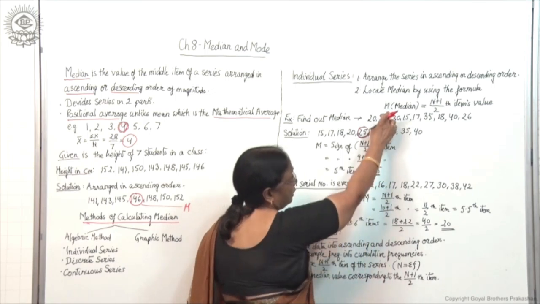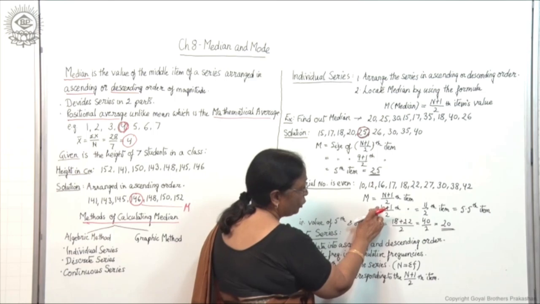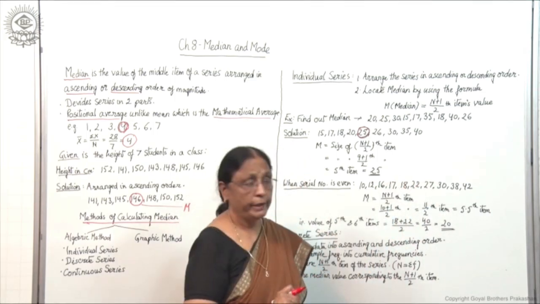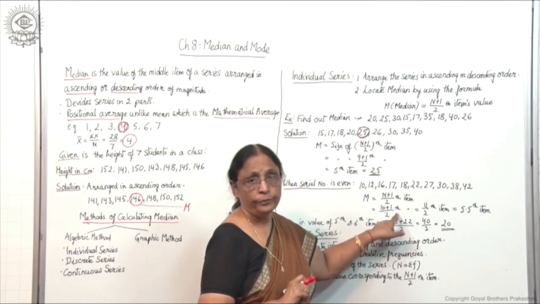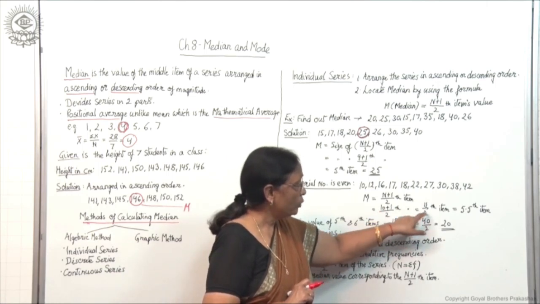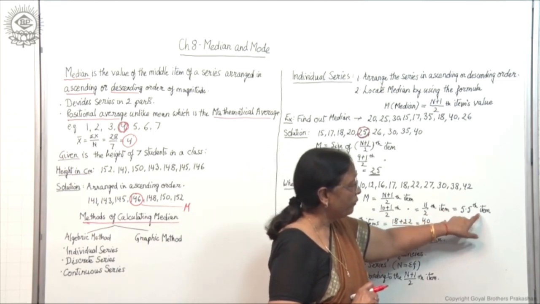Second step, apply the formula (n plus 1) upon 2 th item. What is n over here? N is 10, right? So it is (10 plus 1) upon 2 th item, right? Now 10 plus 1 is 11, 11 upon 2 th item. Now 11 upon 2 th item is 5.5th item.